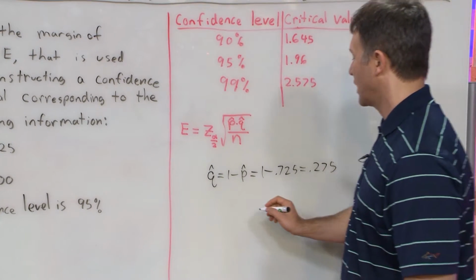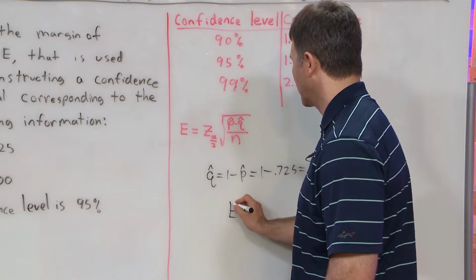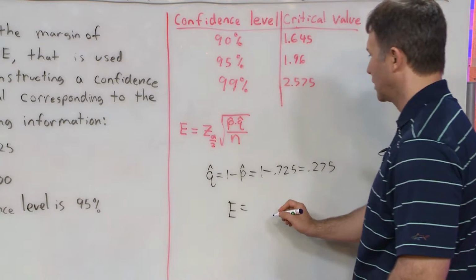And now the margin of error is going to be E equals the critical value.